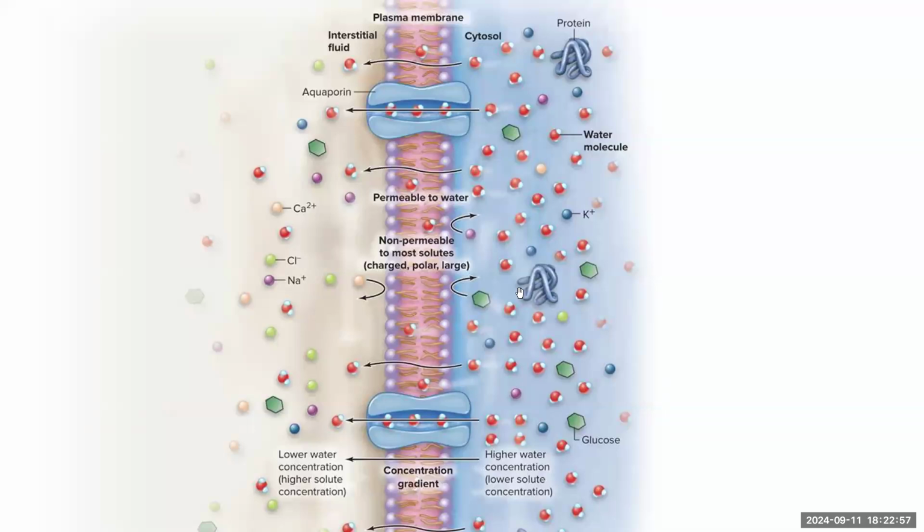So you'll notice that where there's a lot of water on the right side of our plasma membrane, there are some other things in there. We have some proteins, some glucose, and other molecules like potassium.